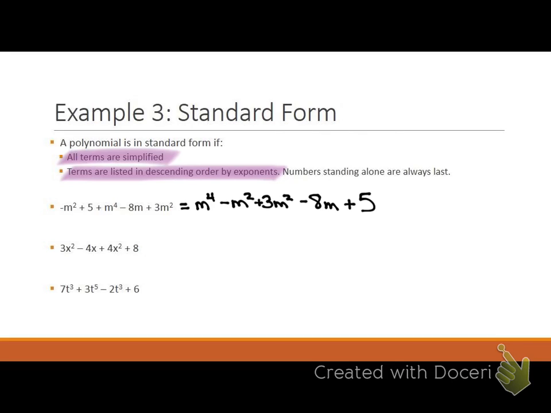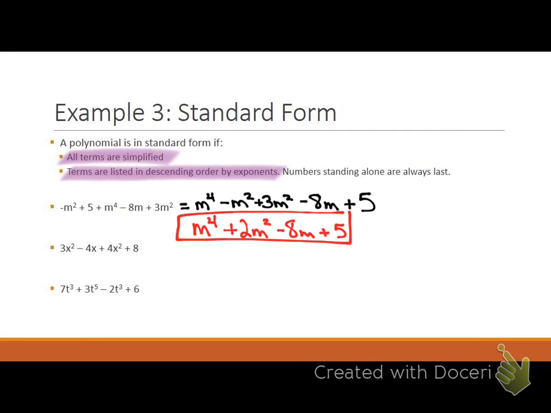However, if I have two terms that are both m squared, I can combine their numbers. So negative m squared, well, what's the number in front of that m? A negative 1. So what's negative 1 plus 3? 2. So I can combine them and keep my variable to make 2m squared, and then I just bring down the rest of the terms, and now I've written it in standard form. It's in descending order, and everything is simplified. Standard form.